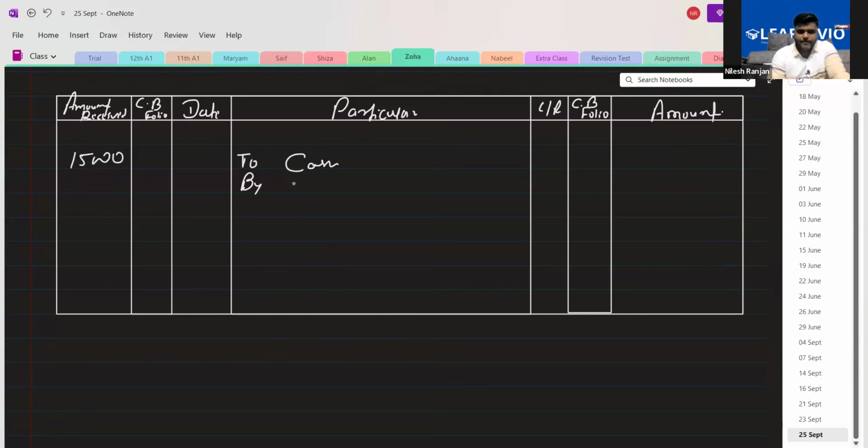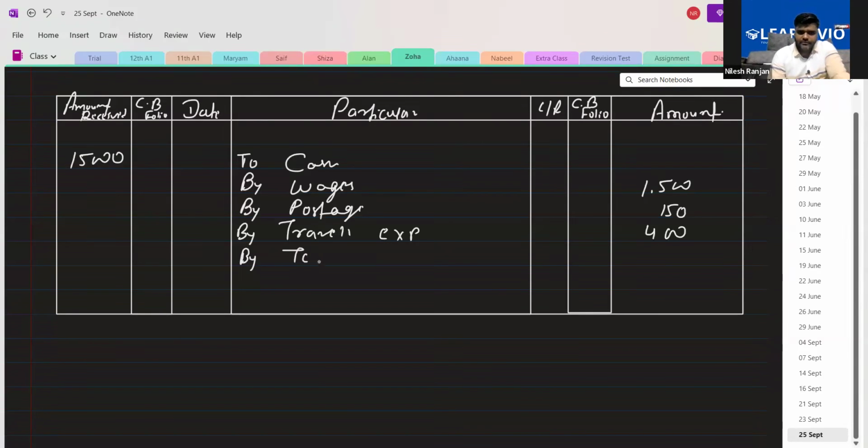Now by wages 1,500, by postage 150, by traveling expenses 400, by telephone expenses 780. Like this we will write all the amounts, and we will again calculate total.